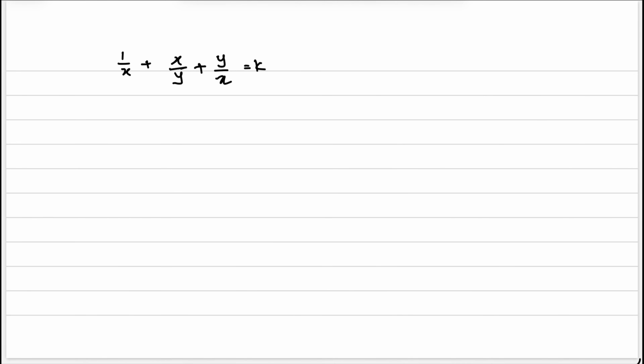Here a is not equal to b implies x into y is not equal to 0. And x, y also belong to Z, set of integers. k is already an integer. We have to find the integer value of k.